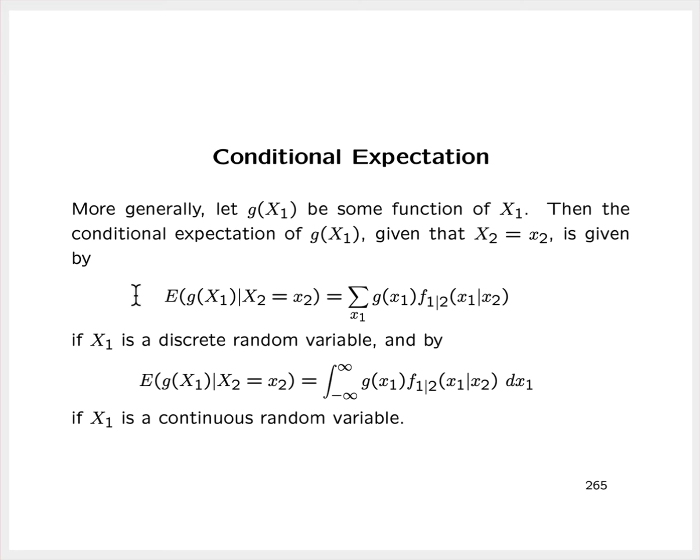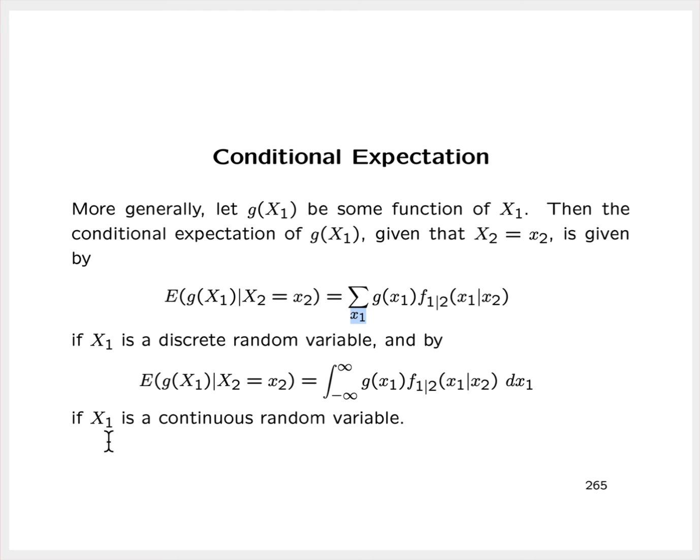If we're dealing with discrete random variables, then the conditional expectation of this function g of x1 given x2 is going to be this weighted average of the values taken on by the function g of x1. The weight factors are the conditional PMF of x1 given x2. And we're summing these products over all values in the space of x1.